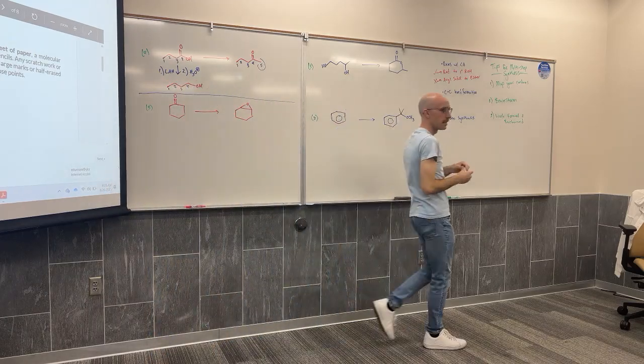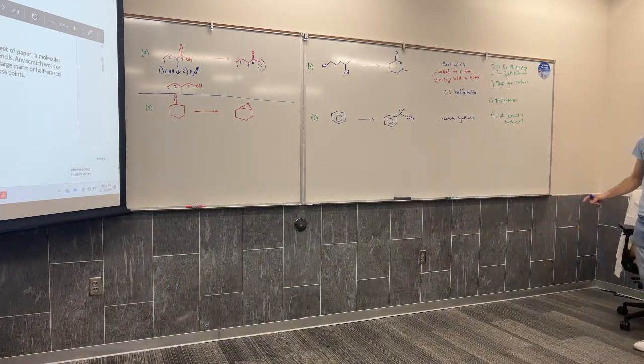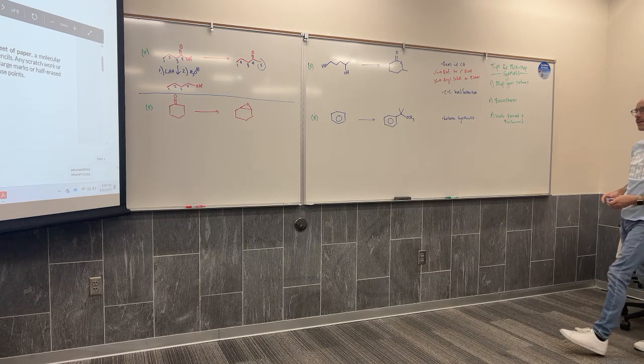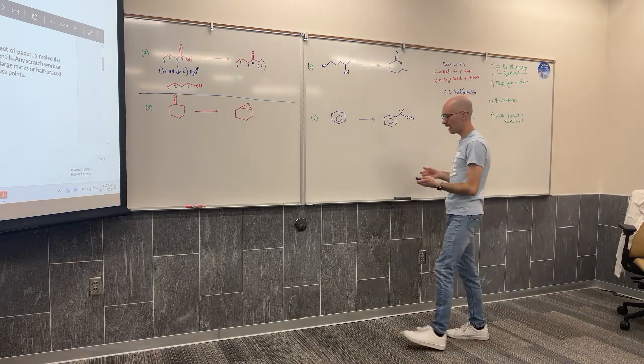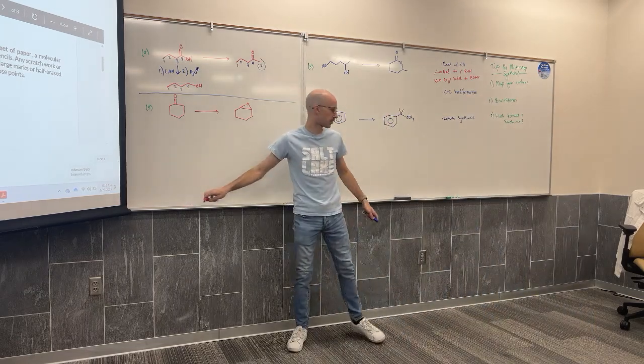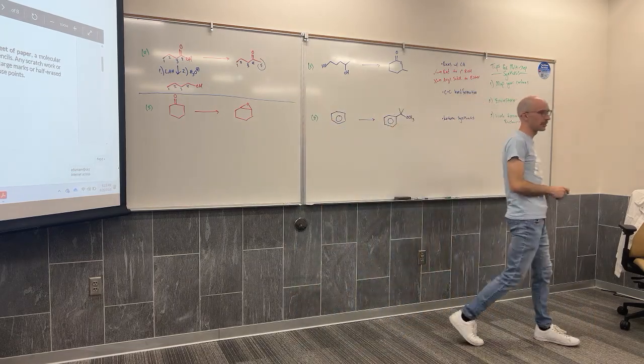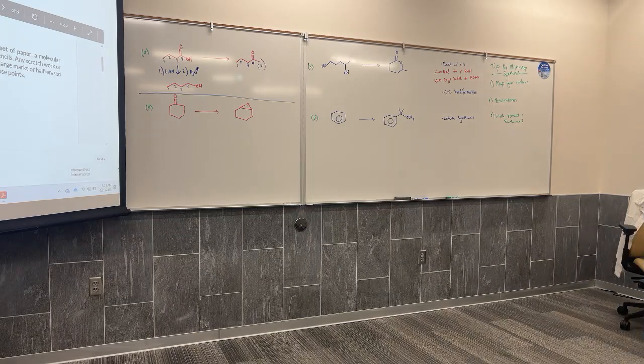All right, let's keep brainstorming. How do I synthesize a ketone? How many different reactions have we seen where the end product is a ketone functional group? This one might be a little bit challenging, but given the fact that this multi-step synthesis is in this section, there's probably reactions we've seen recently that give this.